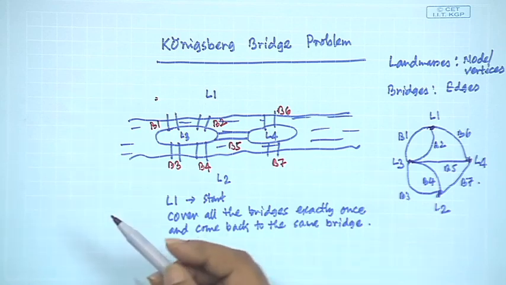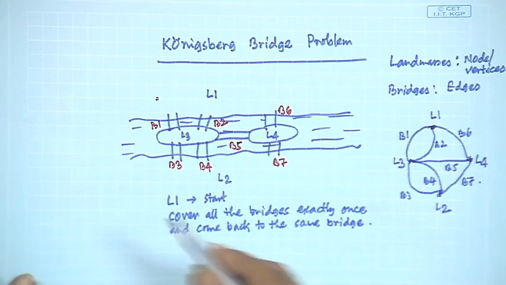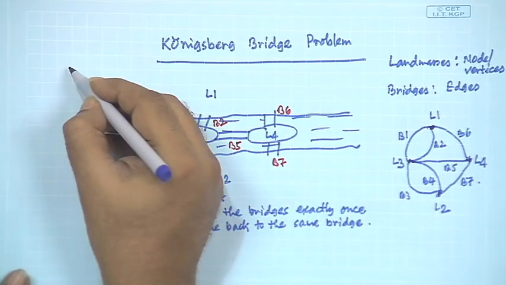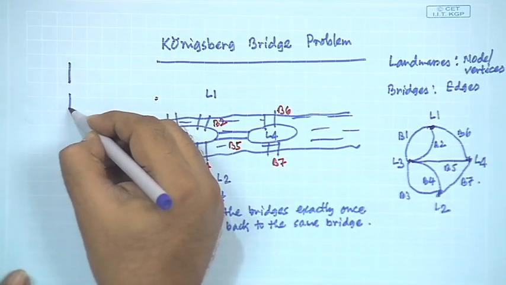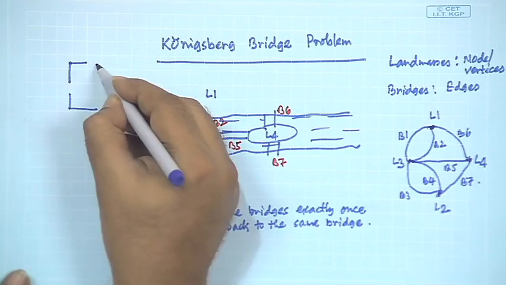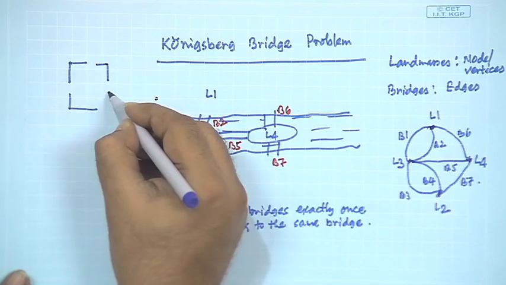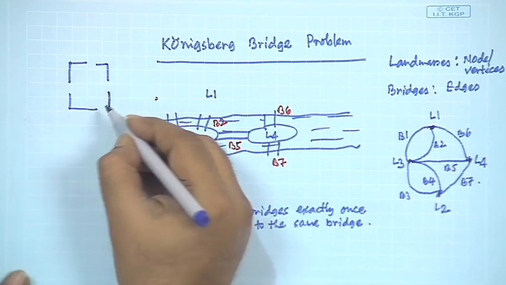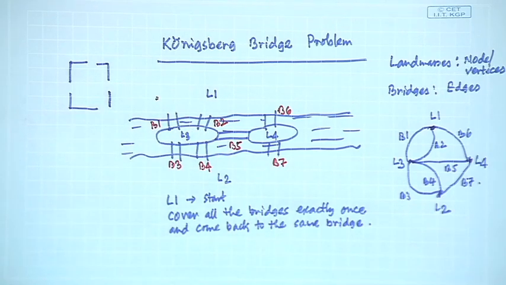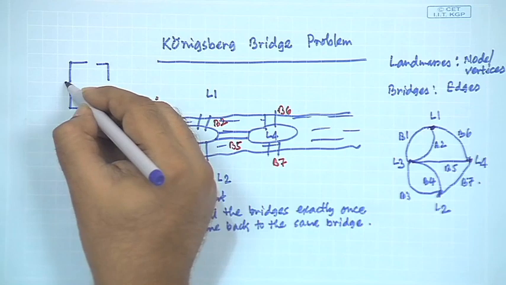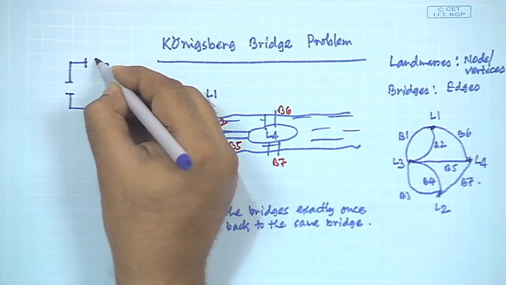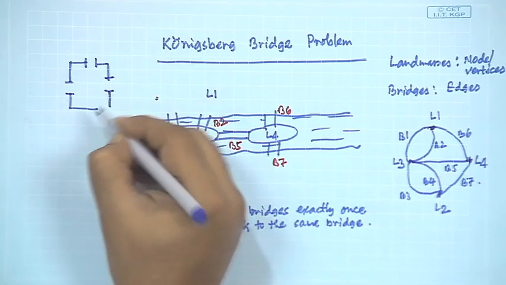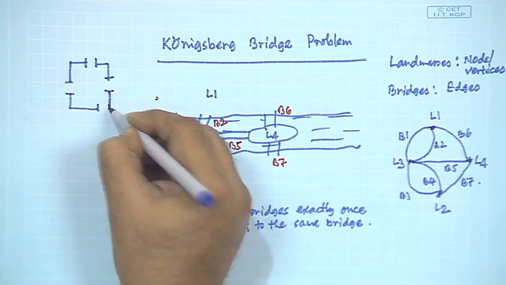Let us give an alternate problem to the same thing. Suppose I have a room. And this room has got 4 doors. These are the 4 doors, right.